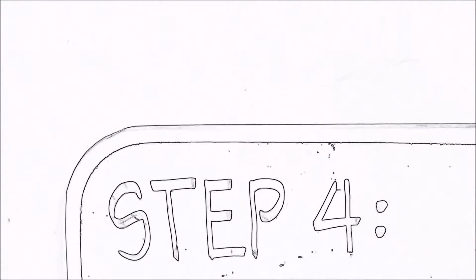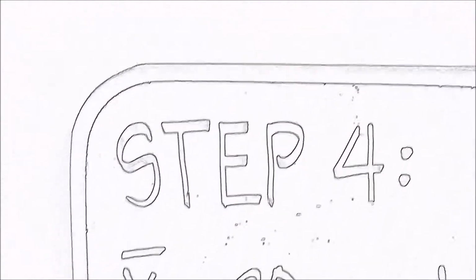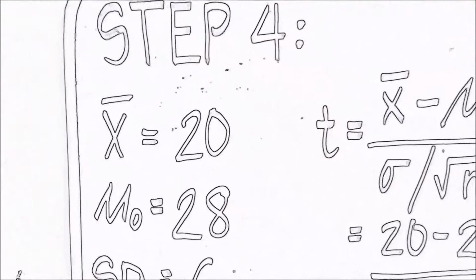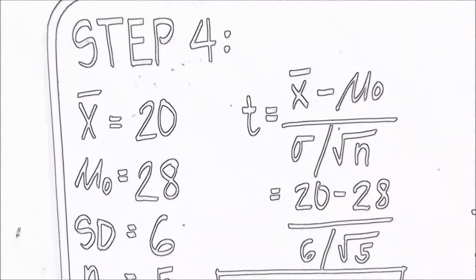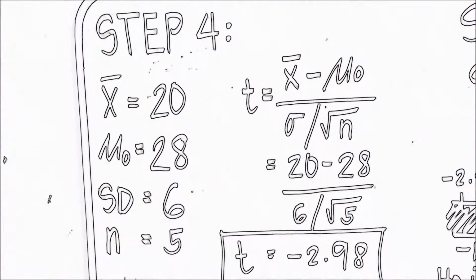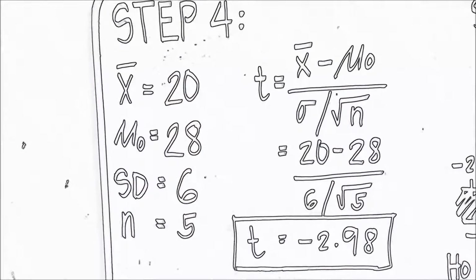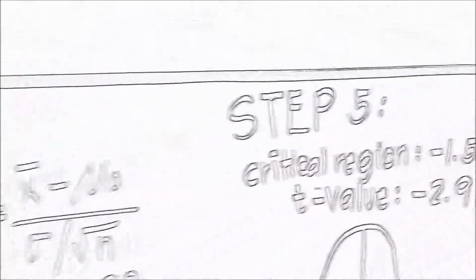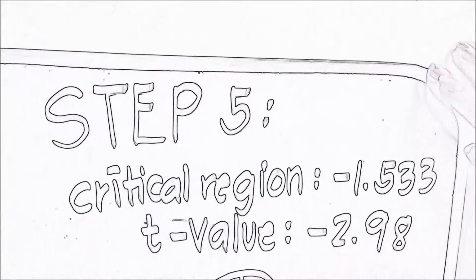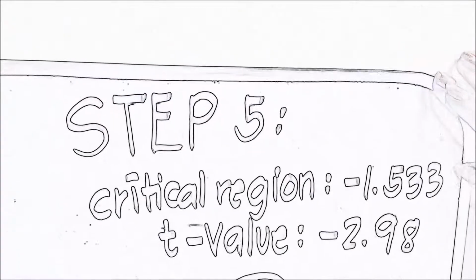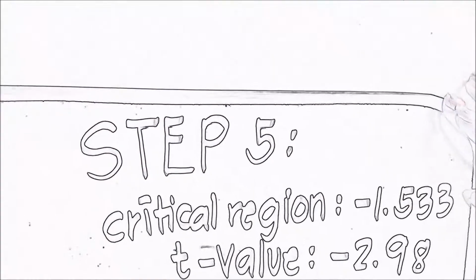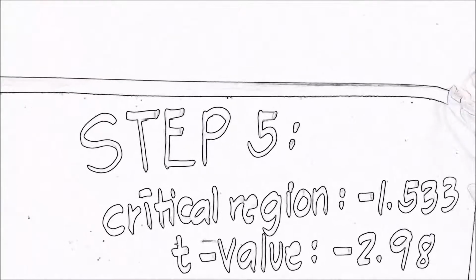Step 4. To compute for the t-value, use the given data in the problem and then use the formula, substitute the values to get the answer of negative 2.98. In step 5, use the critical region in step 3, which is negative 1.533, and step 4's t-value of negative 2.98.